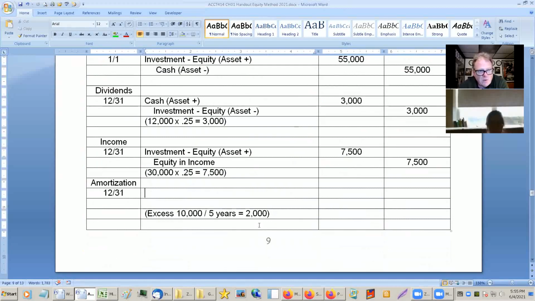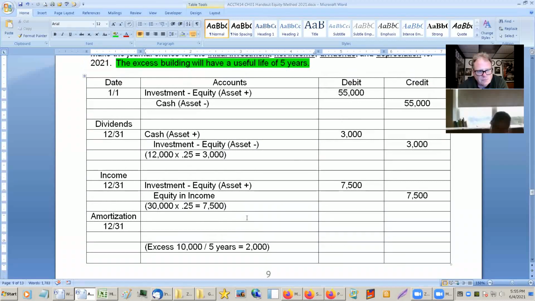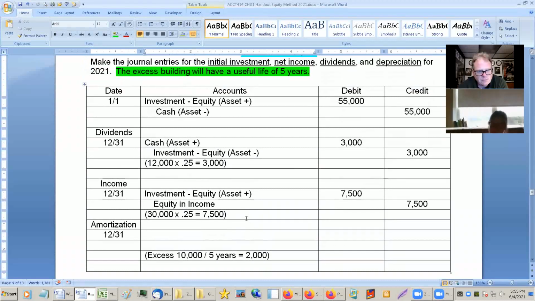Okay, so what would the journal entry be? So it's, wait, let me think about this. Amortization. So it's just the depreciation expense and asset depreciation at 2,000 per year, right?